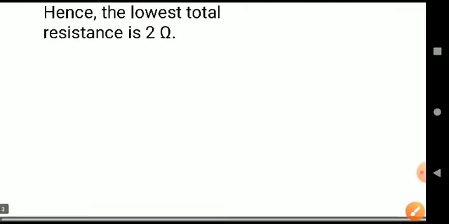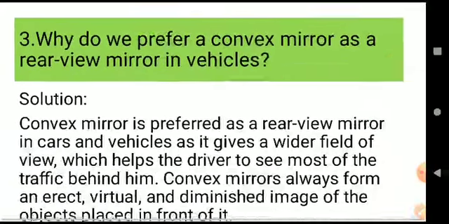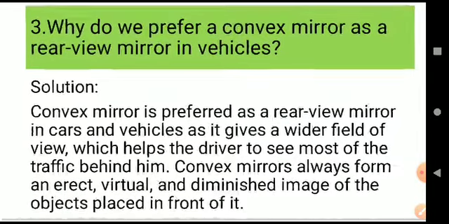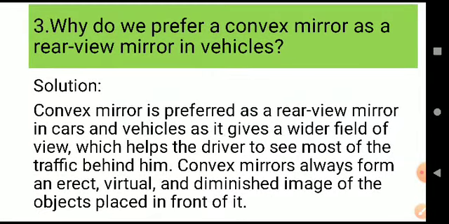Now moving to the next question, that is the third question. This question is from the chapter light. The question is, why do we prefer convex mirror as a rear view mirror in vehicles? So we have observed that in vehicles there is a mirror which is used for the purpose of having a rear view, to know the positions of vehicles, which assists the driver.